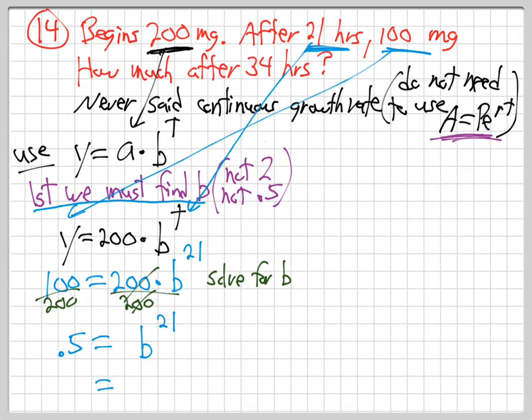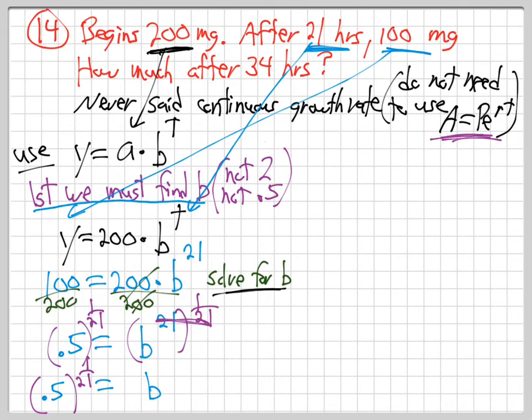Well, how do we get that 21 off of the b? What's going to get rid of that? Because I want to get b alone, right? I'm trying to solve for b. You can raise it to the 1 over 21 power. And it'll cancel out right there. And so this is gone. And b is 0.5 to the 1 over 21.